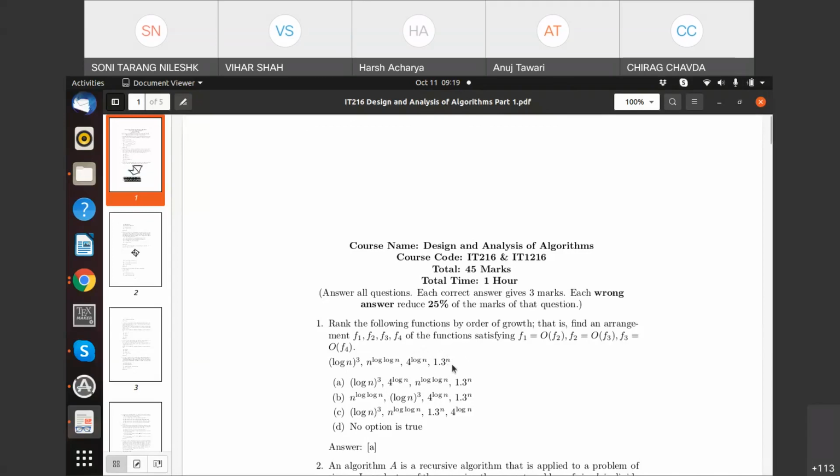Just compare their exponents. Here the exponent is log n, here it is n, and here it is log n into log n. So log n is going to come first. 4 is, sorry. Your question?